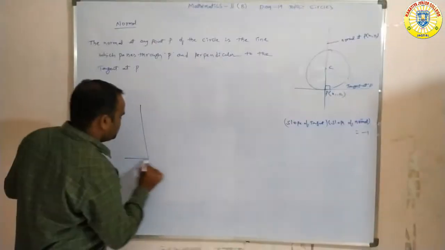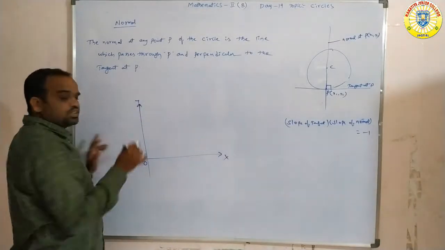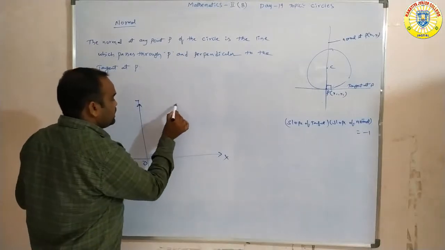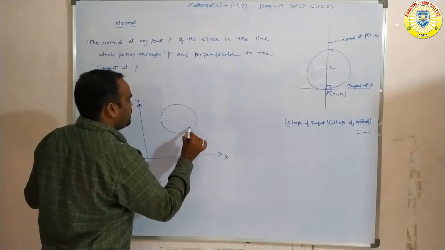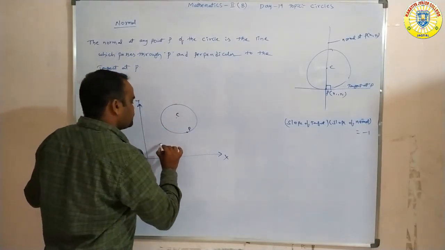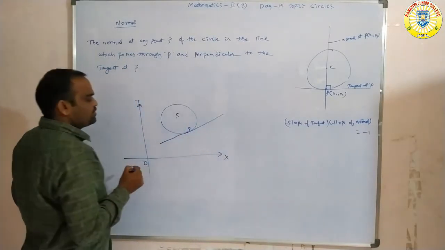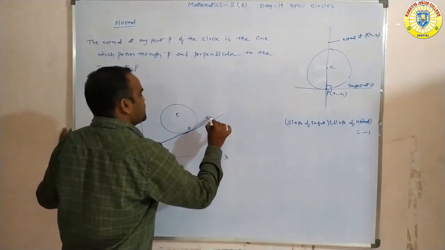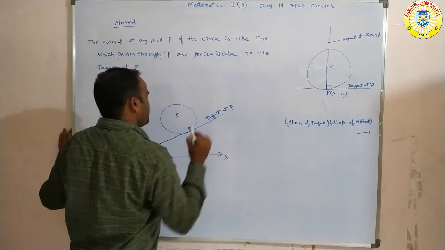Suppose again we are writing here, this is the coordinate system, this is the x-axis, this is the y-axis. Here there is one circle. Suppose we are finding the normal at the point P. First we are finding the normal at the point P. Before finding the normal, here we are drawing one tangent. This is the tangent at P. Okay now.